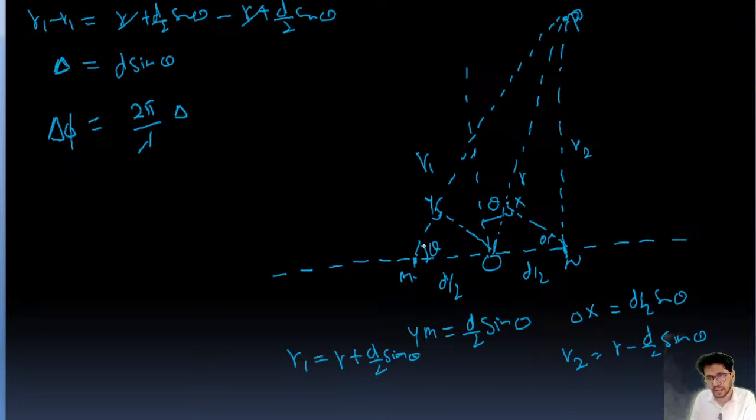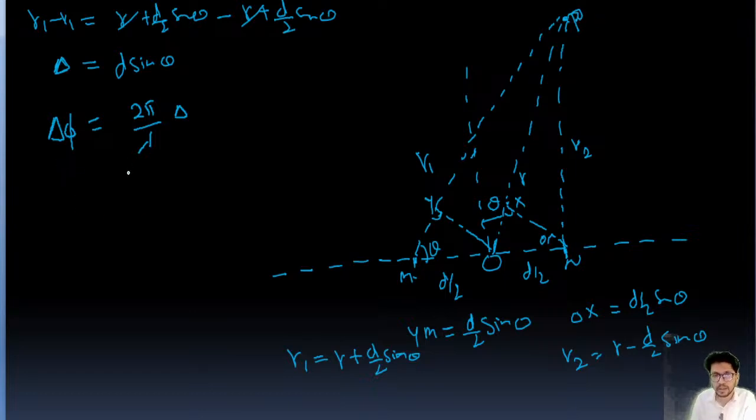Okay, these are dipolar radiations, because this radiation is from here. These dipoles are producing the radiation. These dipoles are the source of radiation. At point P, we have to find the condition for constructive interference.